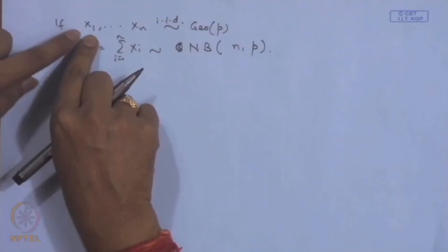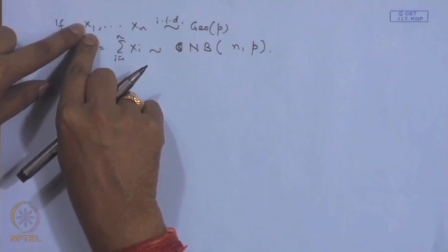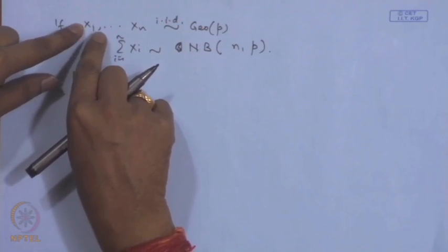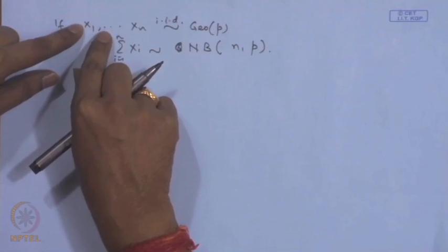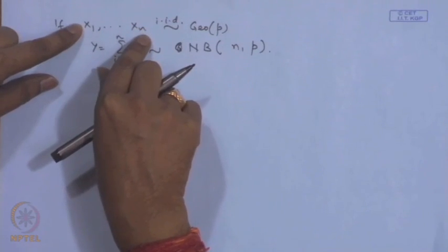Now, it can be easily explained also from physical phenomena. If I am considering X1 here, now X1 is what? It is the number of trials needed for the first time a success is observed. X2 is also the number of trials needed for the first time a success is observed. Xn is the number of trials needed for the first time success.